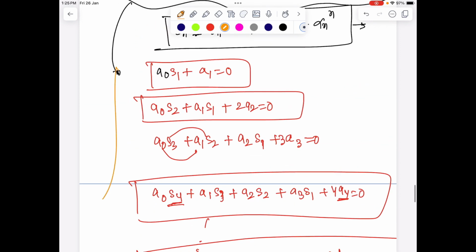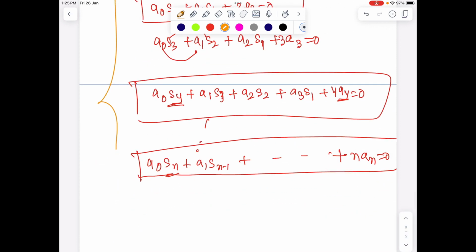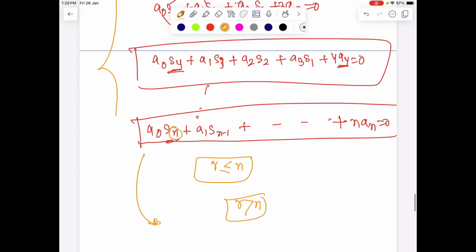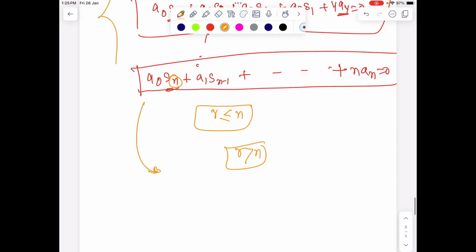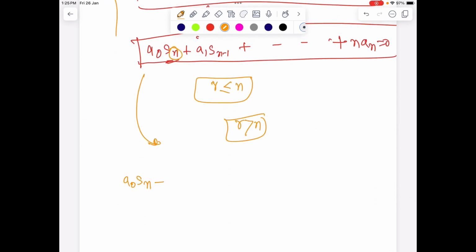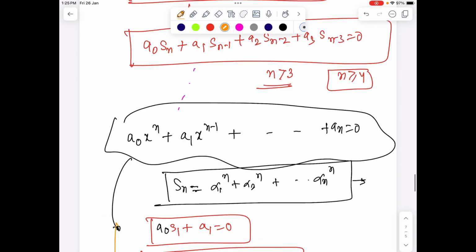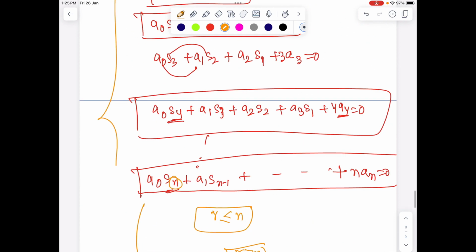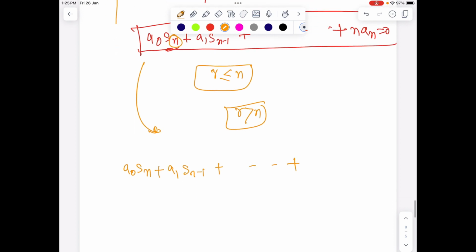So this is the relation for the index r less than or equal to n. Now when r is more than or equal to n, the usual roots will satisfy the equation and we'll have a naught sn plus a1 s(n minus 1) plus so on, till the last term an plus an, n times, so n an equals 0, which is basically given.